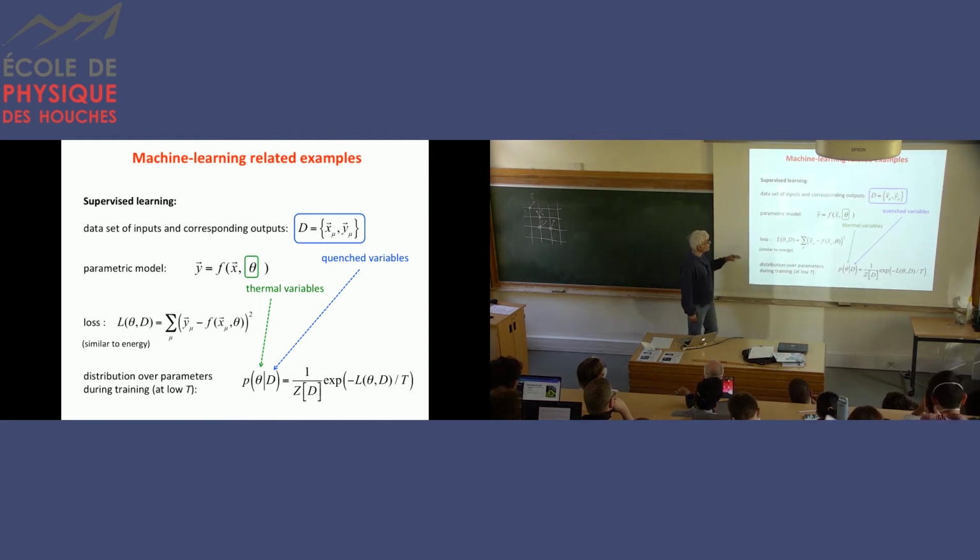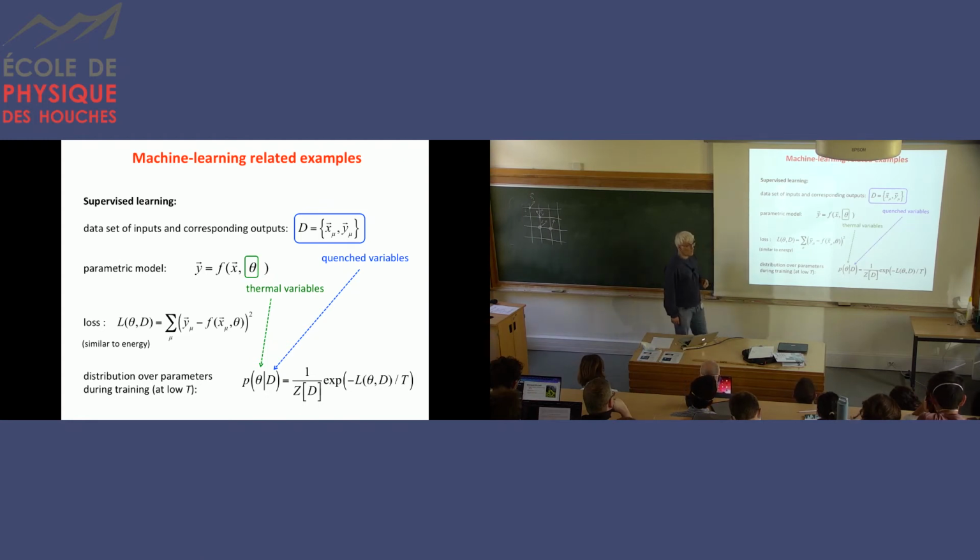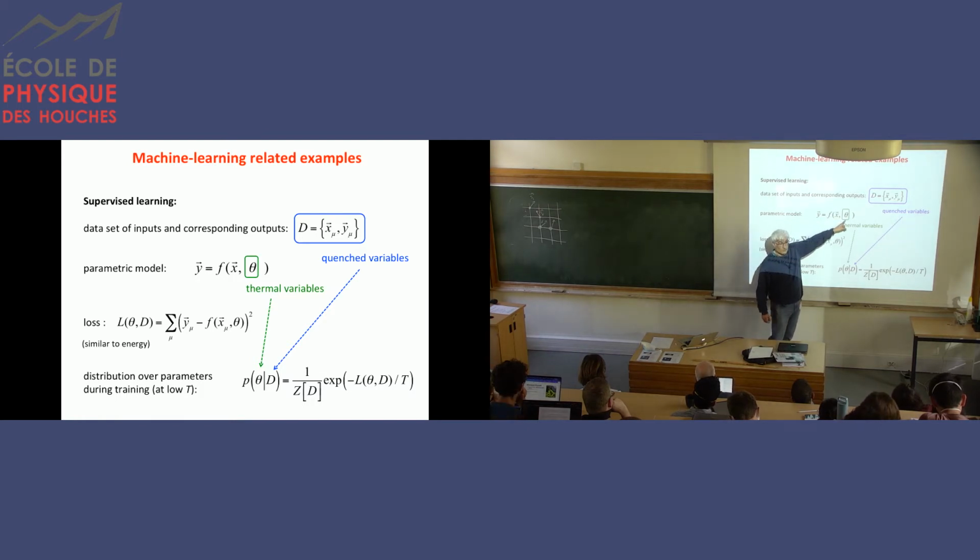And you would like to do that with a parametric model, so y is a function of x and some parameters theta. Then your quench variables are the set of data, x^mu, y^mu, all the pairs. And your thermal variables, the ones that you will try to optimize over, are all your parameters inside this big theta set.